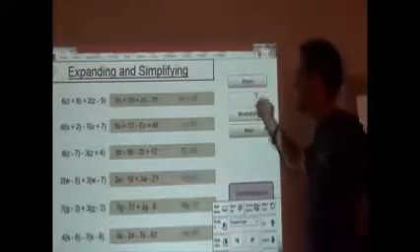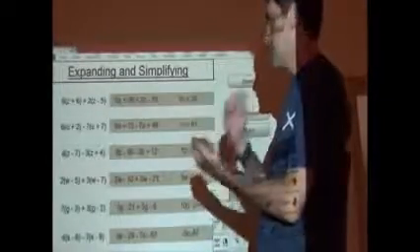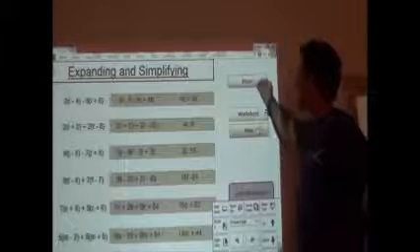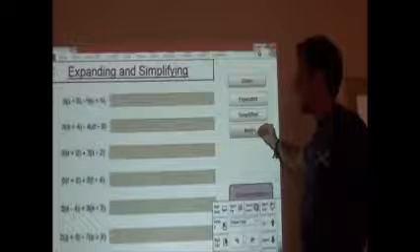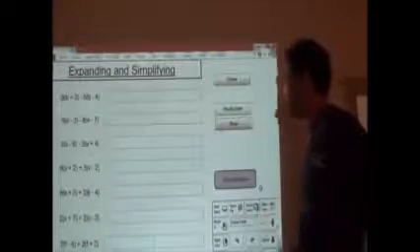You know where they are. And then simplify, so you can go through them in order. This is expansion, this is simplification. Again, you press new, and then you've got an infinite supply of resources working at the board. You've got print worksheet.